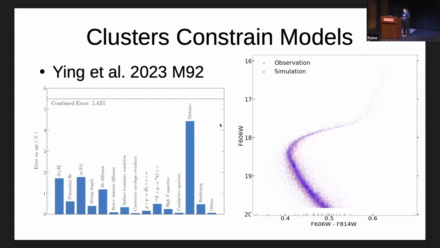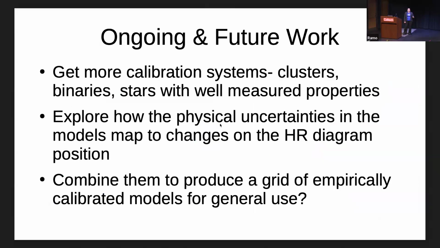And now that we have so much more data, we're thinking about how do we actually generate a grid of models that's going to use these calibration systems and match those stars where you know what the right answer is, right? Because we have all of these different physical choices we can make in the modeling, but we also can map out what the consequences of each of those physical choices is, and therefore which ones need to be used to match the properties of the actual observed stars that you have characterized in the regime that you have characterized them.